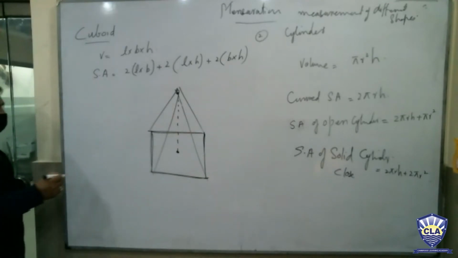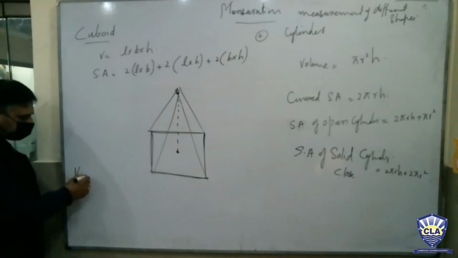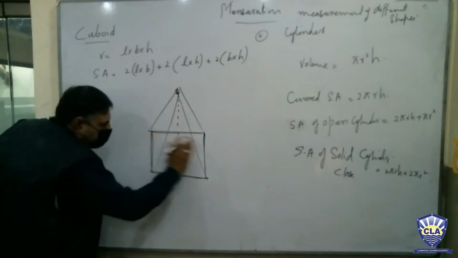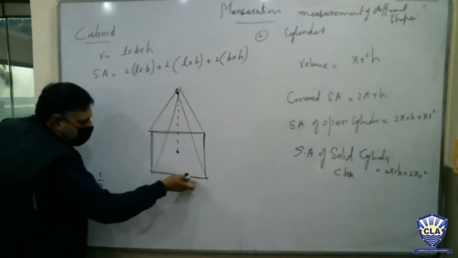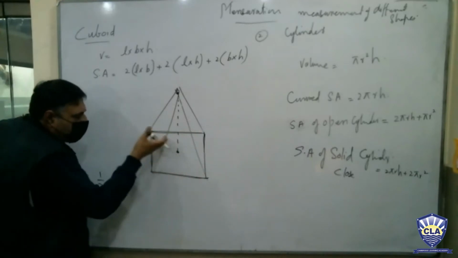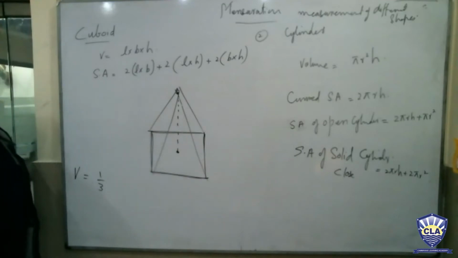So what is the volume? Volume equals 1/3 base area into height. The base is length into length; area you can find easily. Area of a square is length into length.